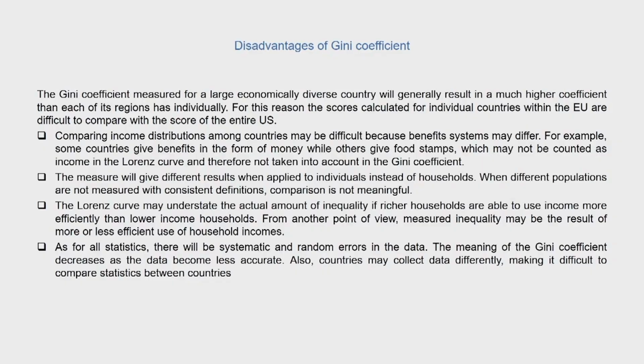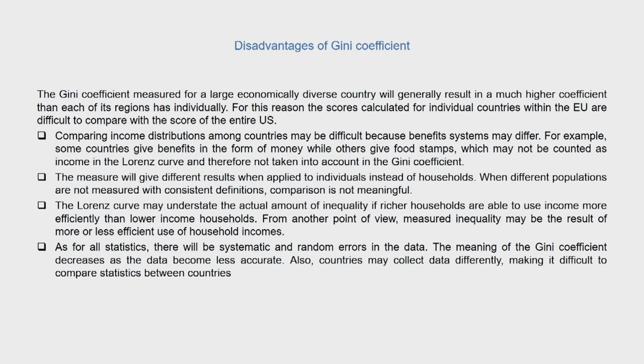But when we peg the household income to each of the members within the family, we would see that some members earn much less or have very little to partake from the entire household income. So this is why the measure gives very different results when it is applied to individuals instead of households. When different populations are not measured with consistent definitions, comparison is not meaningful.